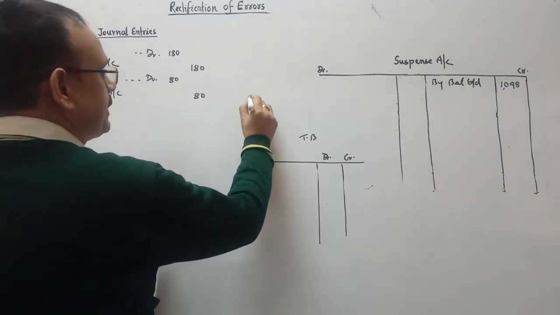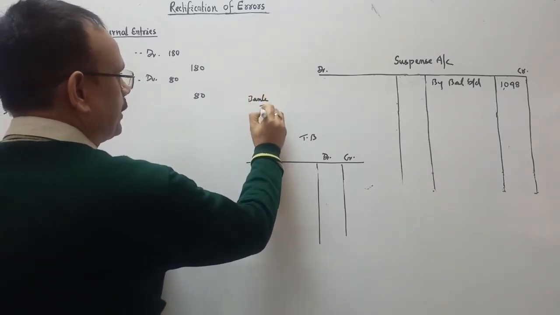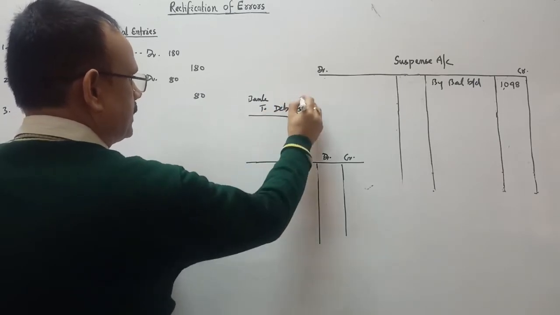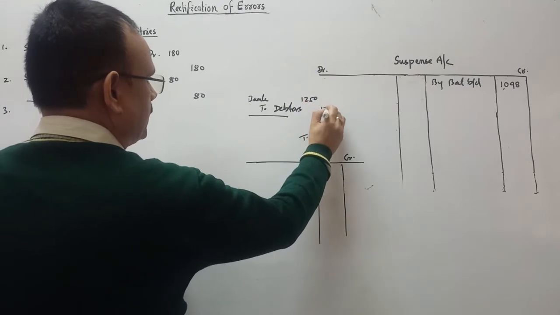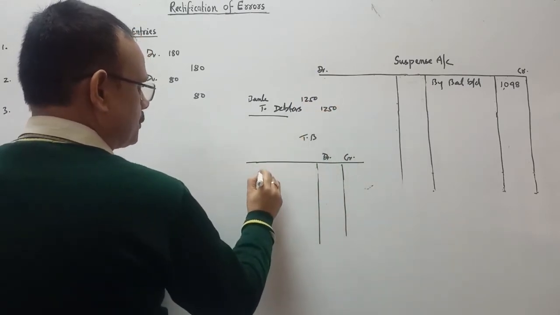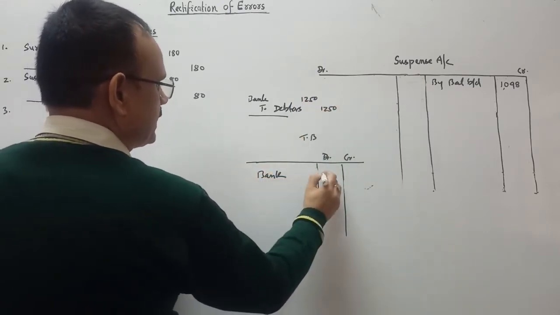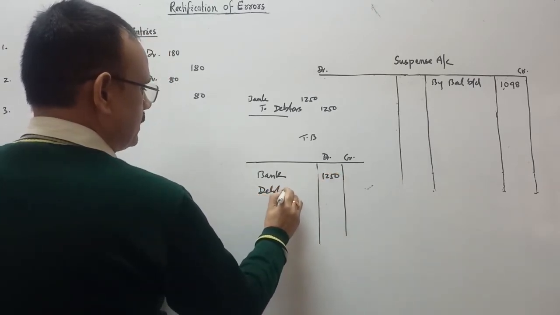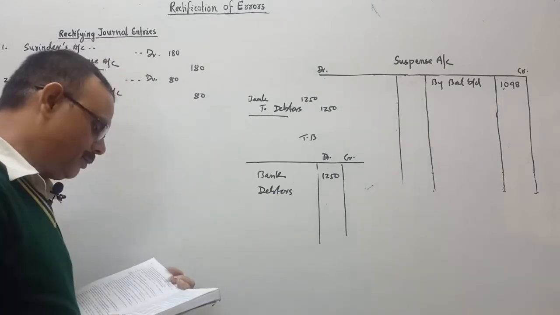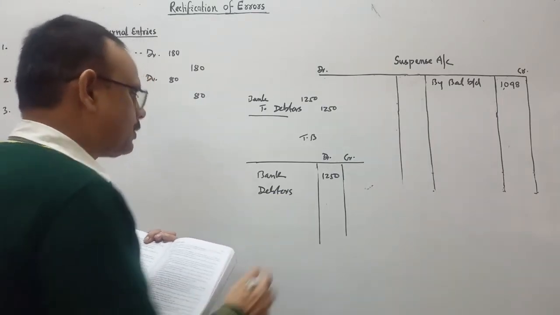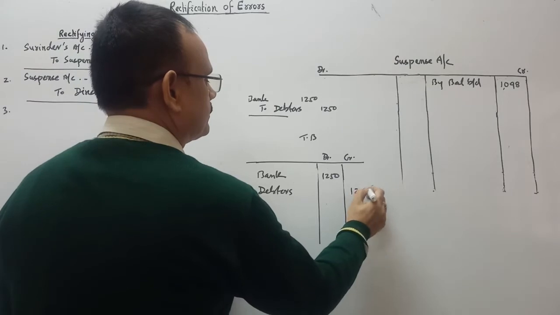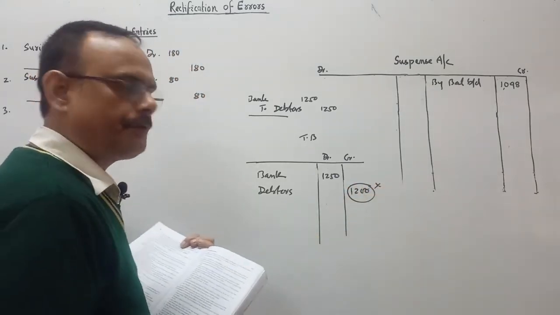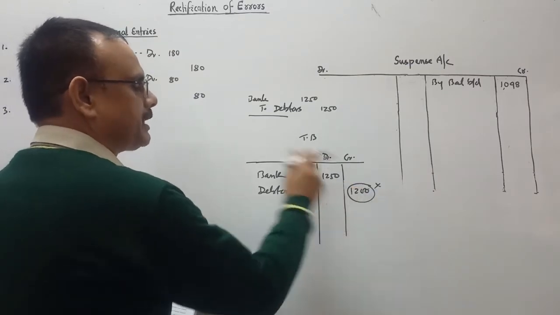When the cheque is received from a debtor and deposited into the bank, you know that bank account is debited to debtor's account, meaning the customer's account. That is 1,250. It is correctly recorded in the cash book, so no mistake is committed on the debit side. But in the debtor's personal account, while posting, it is posted as 1,200. The mistake is here: instead of 1,250, we have posted this much in his account.